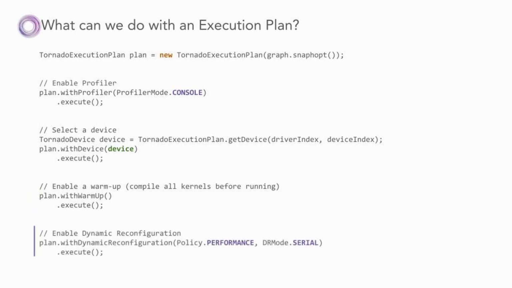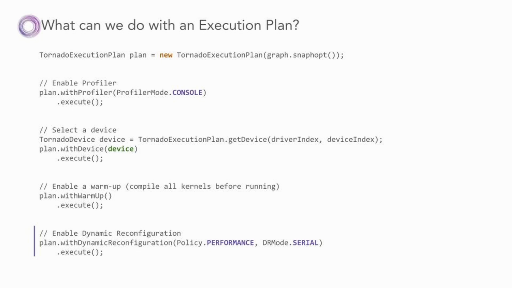Another interesting option, and to me this is a killer feature of Tornado, is dynamic reconfiguration. What is this all about? Let's say in your system you have multiple accelerators. Now the question is, if I have multiple accelerators, which one should I offload my code to?